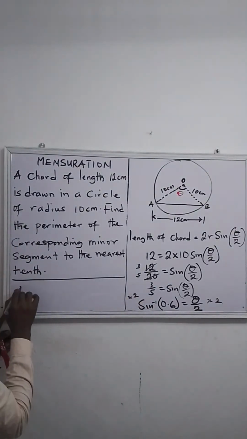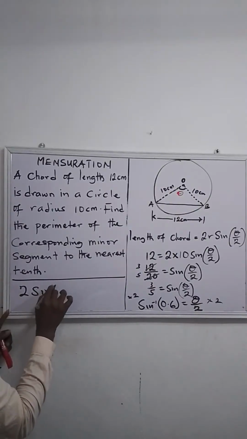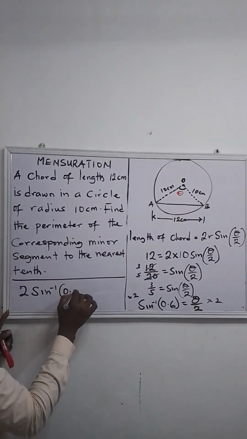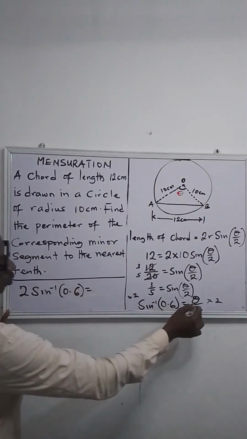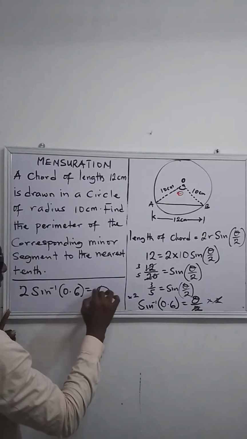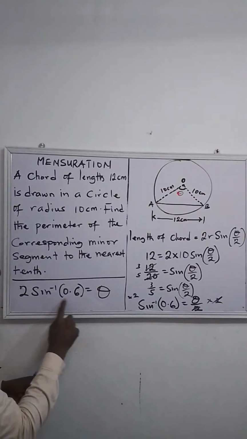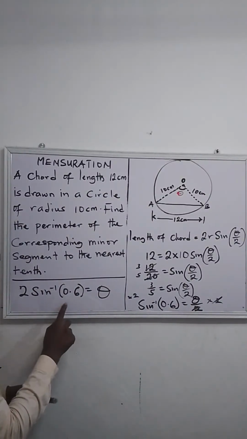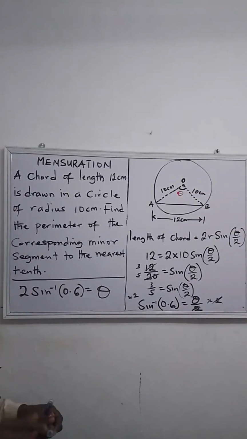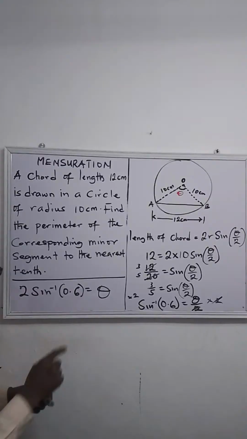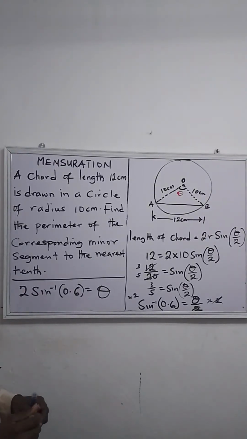When you do that, you have 2 arcsine of 0.6 equals theta, because the 2s cancel here. So that is what we are looking for. Now we find the arcsine of 0.6. I need you to do that for me. Punch your calculator and find the value of arcsine of 0.6.